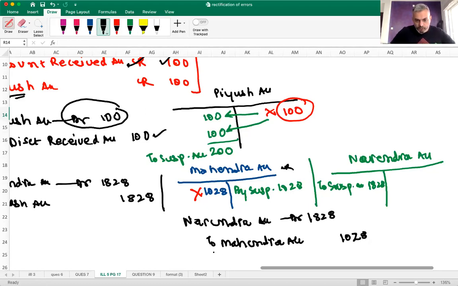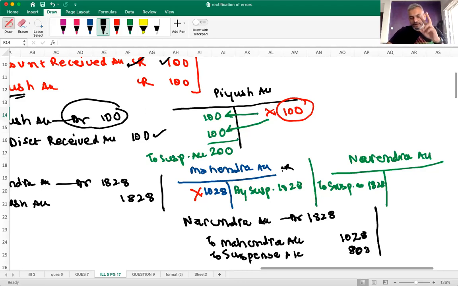And the difference goes to suspense account, 800. So this will be our rectifying entry. Let's write the rectifying entry. Basically two entries we have to pass for rectifying: suspense to Mahindra and Narendra to suspense. So we combined both of the entries and got this rectifying entry.